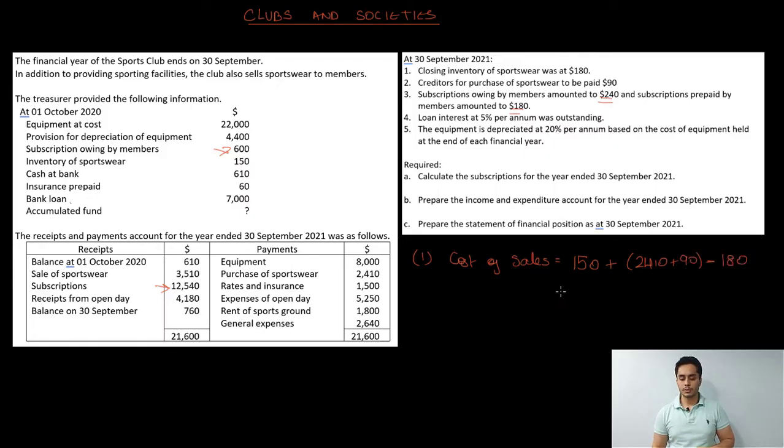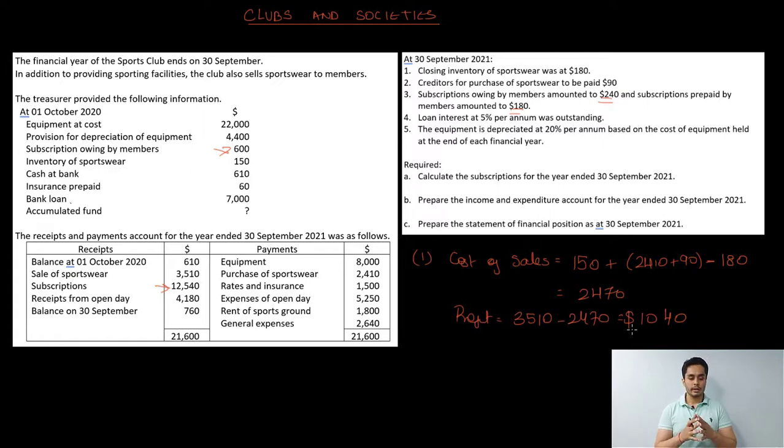So we get our cost of sales as 2470. This will be compared with the sales to arrive at the profit. Our sales is 3510, so obviously the club has made a profit during the year from the trading activity. So our profit will be equal to 3510 minus 2470, which is $1040.